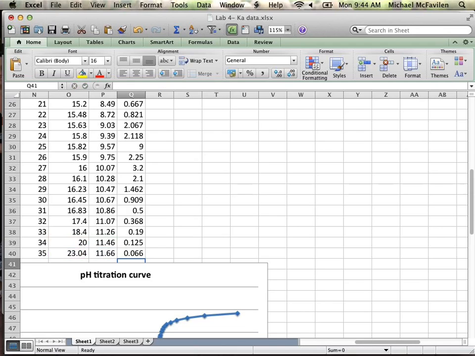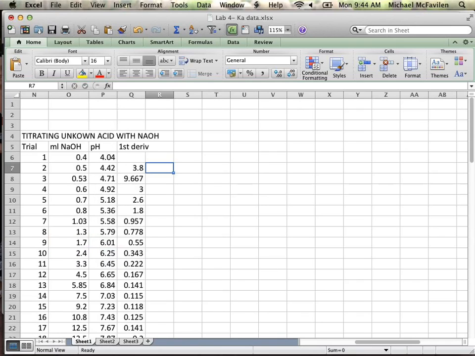Okay. Next part about this, we now have a new y value, but we need an x value. What is the volume at this point? Is it 4.42? Or is it 4.04? It's the slope between those two points.